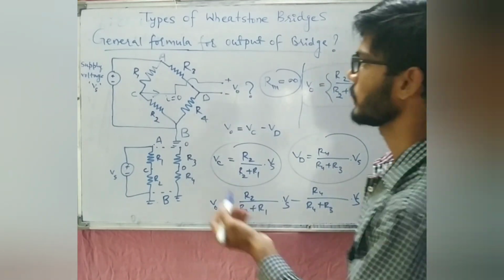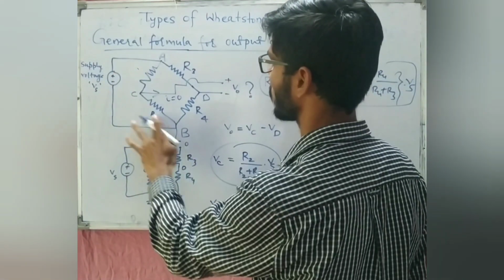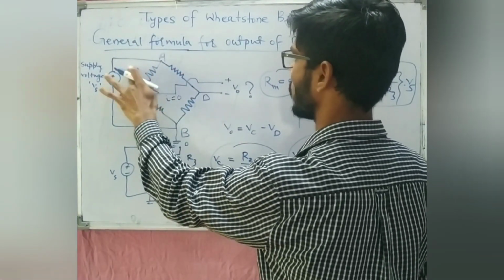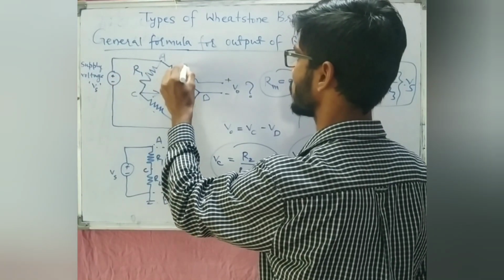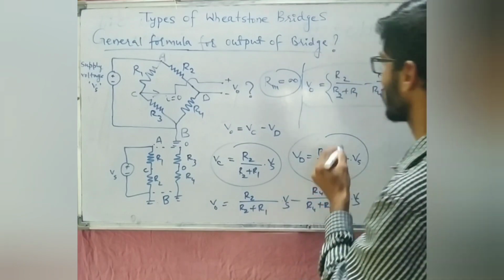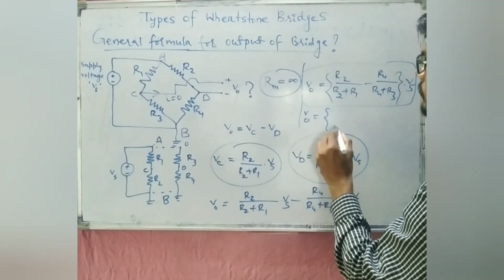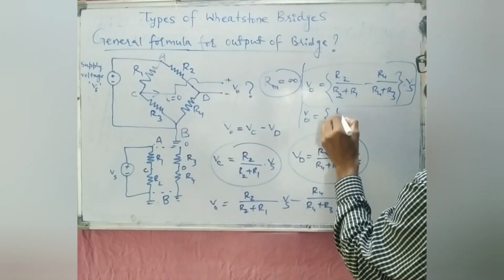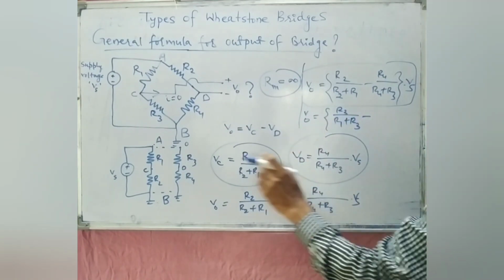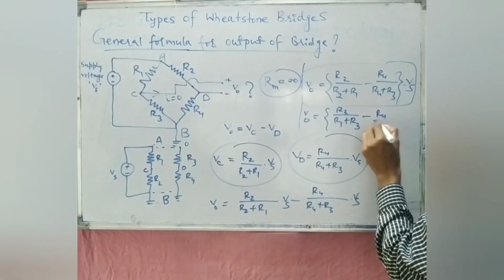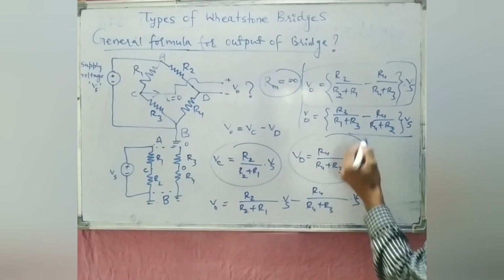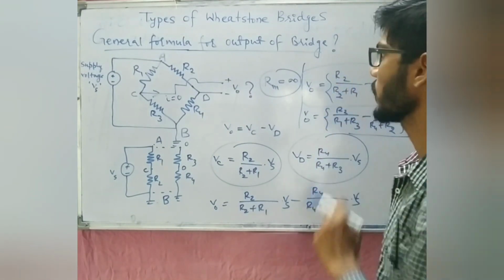If you are worried about what happens if I change R1, R2, R3 and R4, that's not going to affect anything. Let's say this is R1, this is R2 now, this is R3 and this is R4. So what is going to change? The output expression will be R3 divided by R3 plus R1 minus R4 divided by R4 plus R2, into Vs. So you need not memorize the output expression.